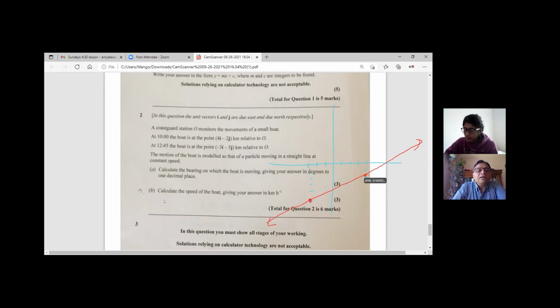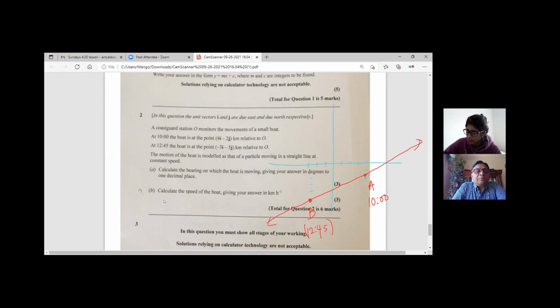So at 10 a.m., the boat is at this position. A is my first position, which is at 10 a.m. Position B is at 12:45. So these are the 2 positions.